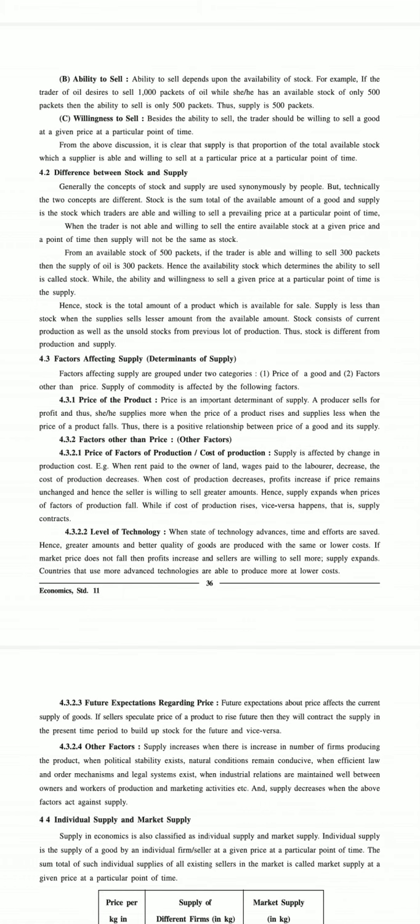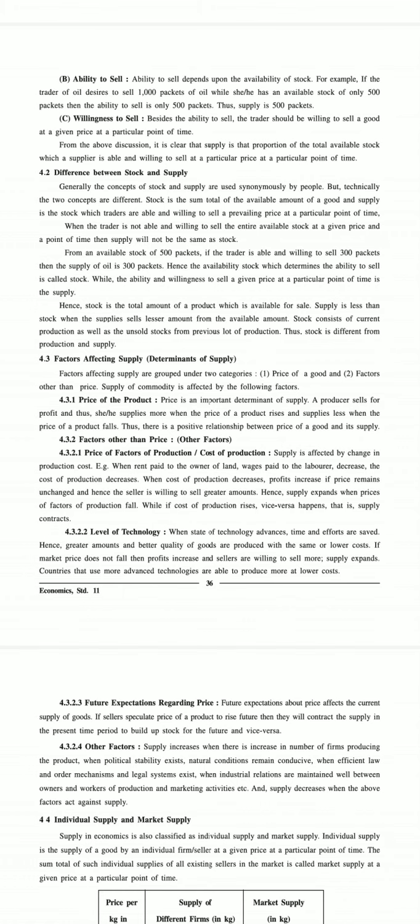If the future expectation about the price is that the price is going to rise in future, then they will contract the supply now and they will sell that particular commodity when the prices rise in the market. Vice versa, if the expectation is that in the future the prices are going to fall, then currently the supply in the market of that particular commodity will increase because every producer wants to earn maximum profits.